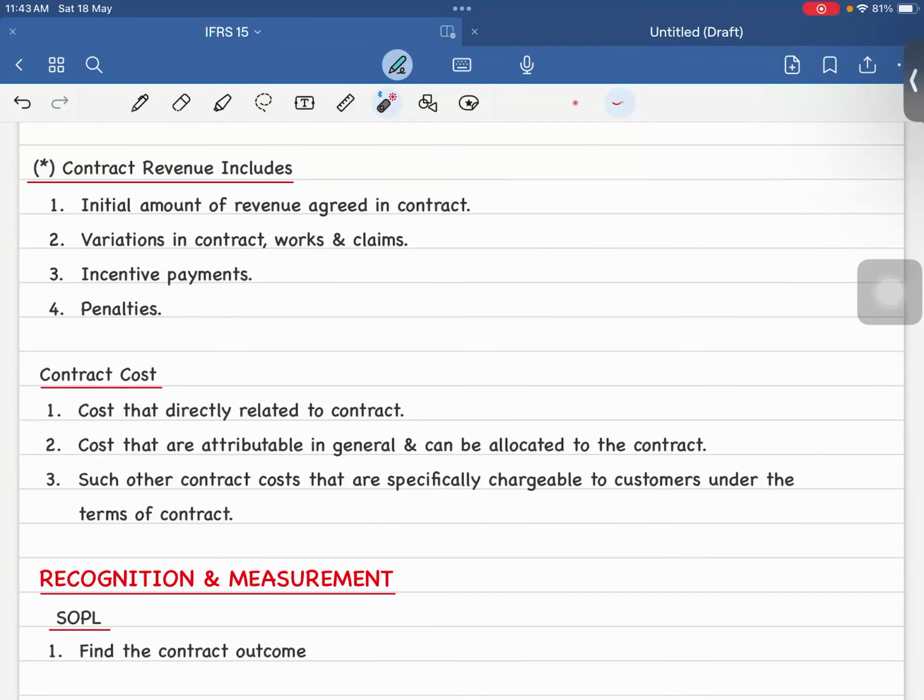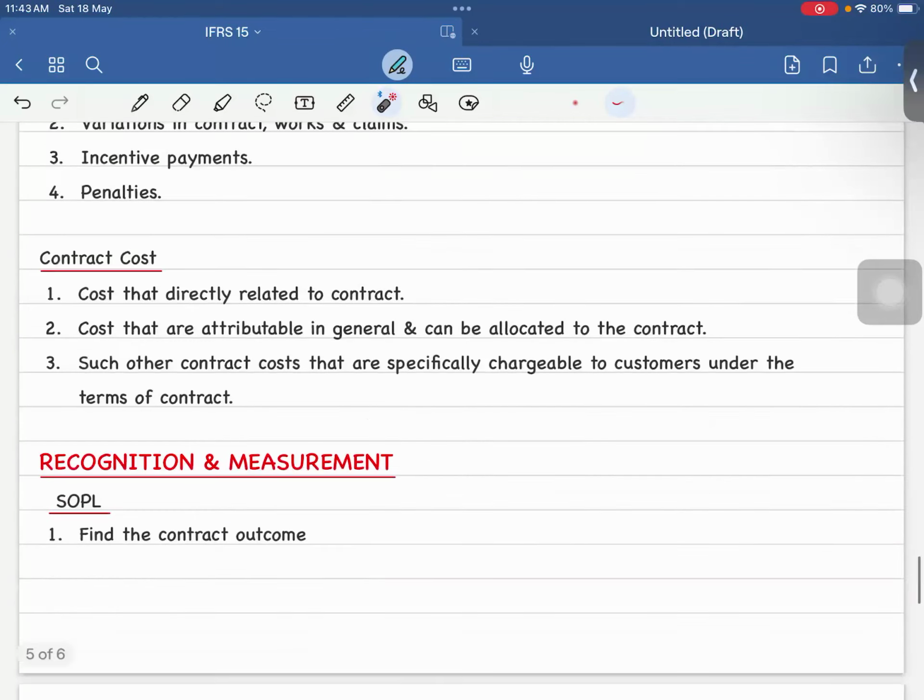The second is all the generally allocated costs, that means the salary of the supervisor, the salary of the engineer, the wages of the employees. So everything would be taken. The third, if there is any such cost which is going to be charged to the customers, especially related to this contract, you're going to take that as well.